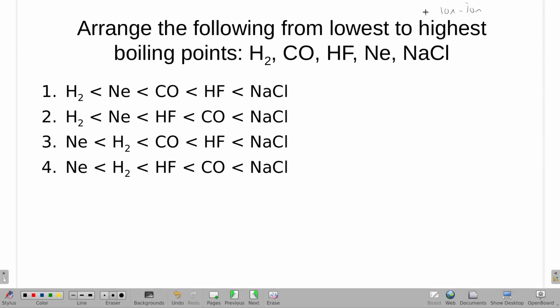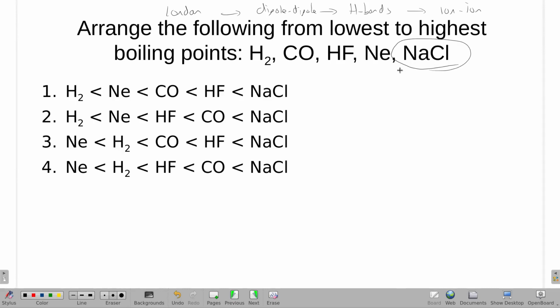And I would have ion-dipole, but that's not really a possibility if we're looking at individual components. So after ion-ion, there is just hydrogen bonds. And then there would be dipole-dipole. And then London.